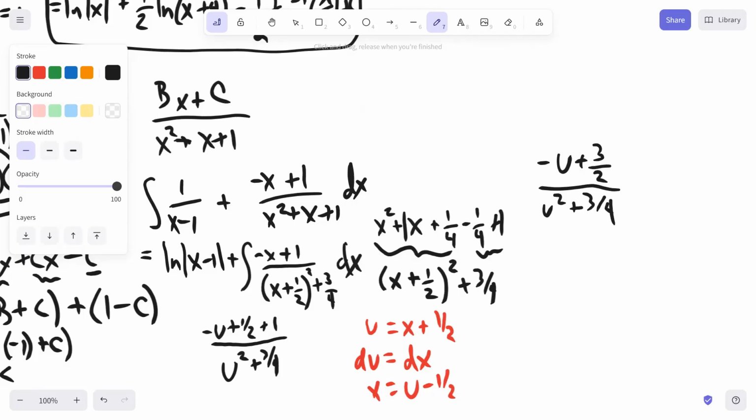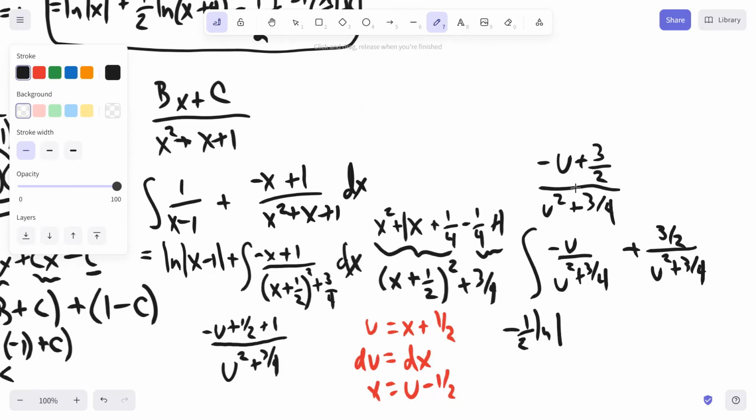So I can think of this as negative u over u squared plus 3/4 plus 3/2 over u squared plus 3/4. Now, if I integrate these, the first one is going to be the log rule. So that's going to be negative 1/2 natural log of u squared plus 3/4 plus 3/2.